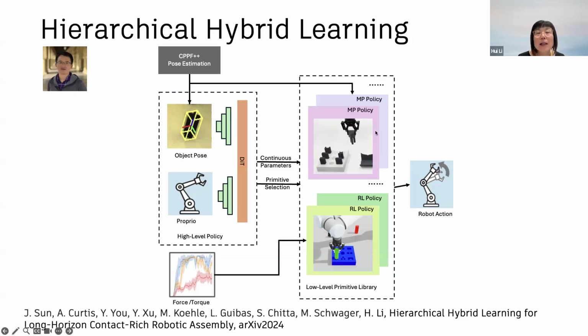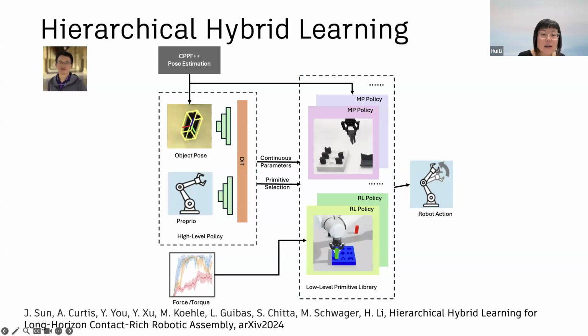We also have motion-planned policies or skills, where in free space we can just connect different skills together with motion planning. And on the high level, we have an imitation-learned policy, which also takes pose estimation to find out where the objects are. Also, for the RL policy training, we use force torque feedback.